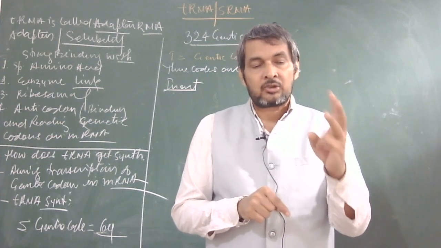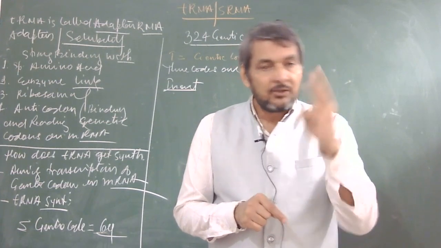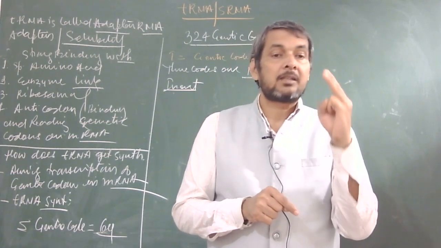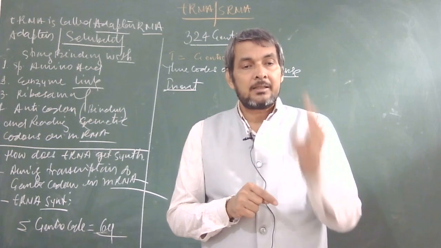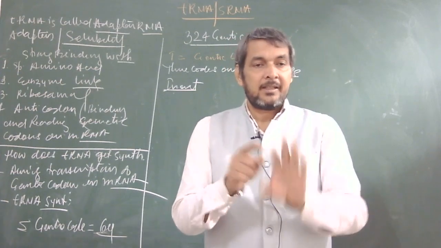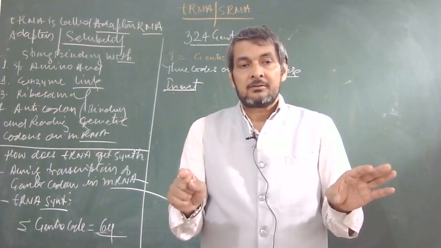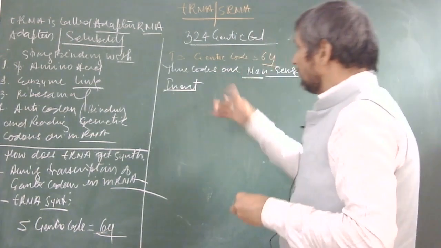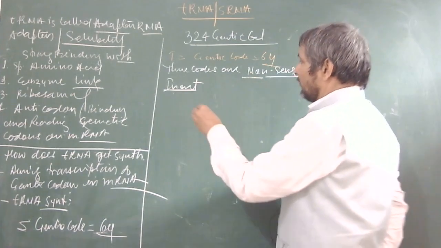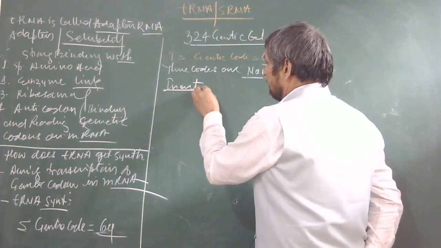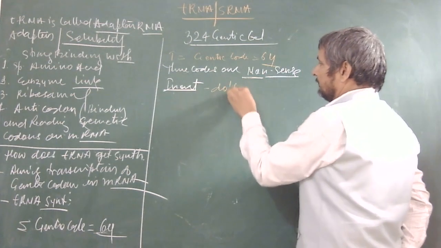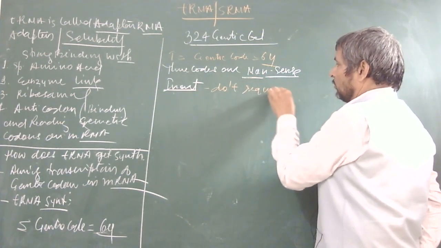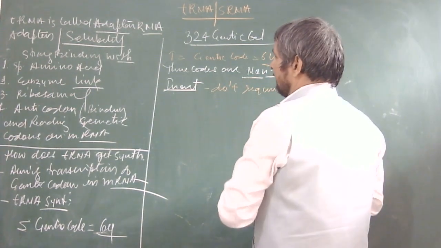So 3 codons are nonsense codons, inert codons, because these codes do not specify any amino acid during the translatory mechanism. So why are these 3 codes inert? Out of 64 codons, these 3 do not require any transfer RNA.